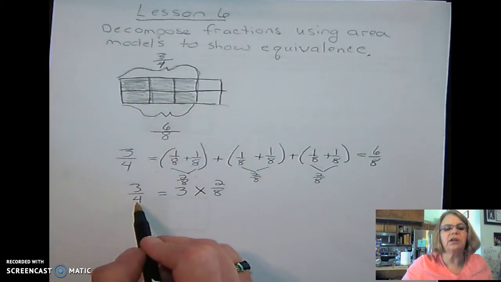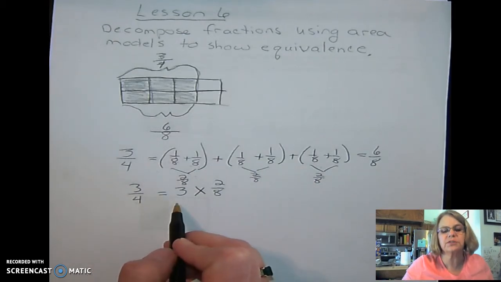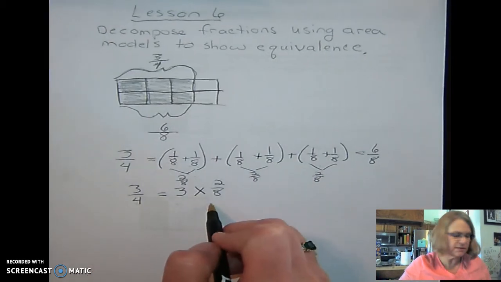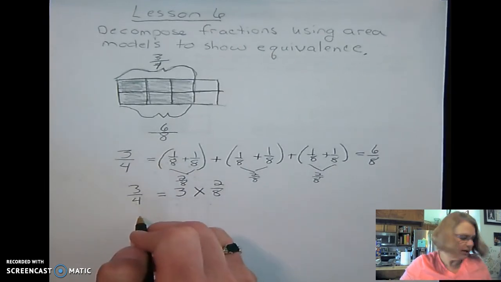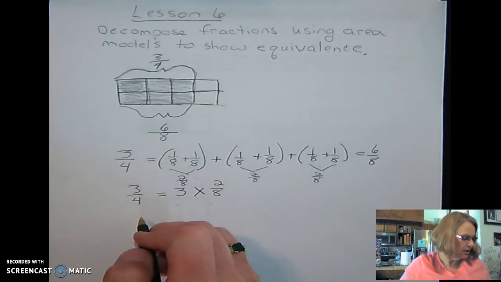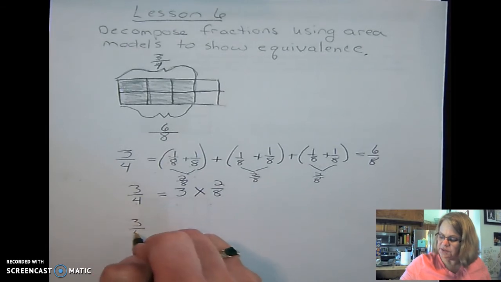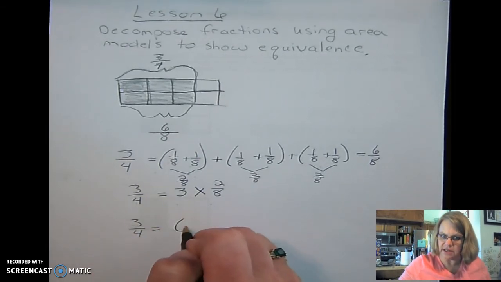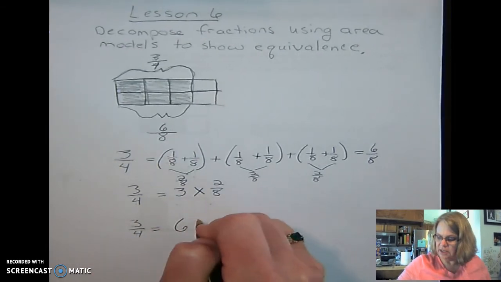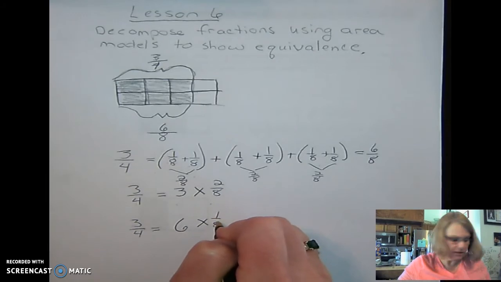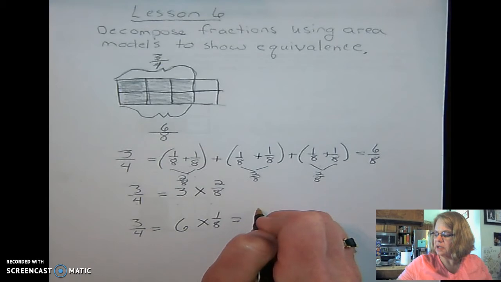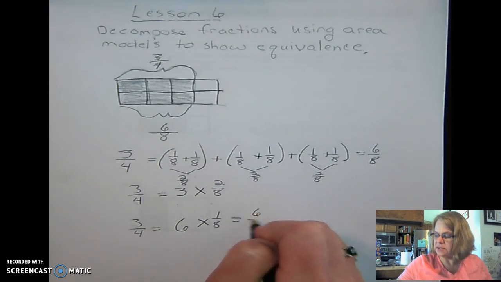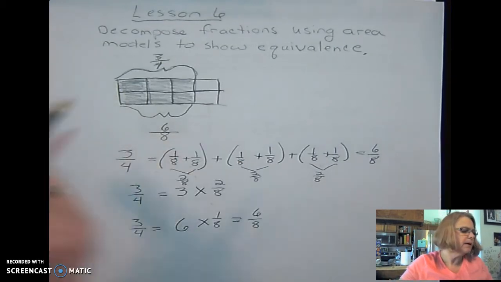So I have 3/4 equals 3 times 2/8. Or we can say 3/4 equals 6 times 1/8, which is equal to 6/8. Okay.